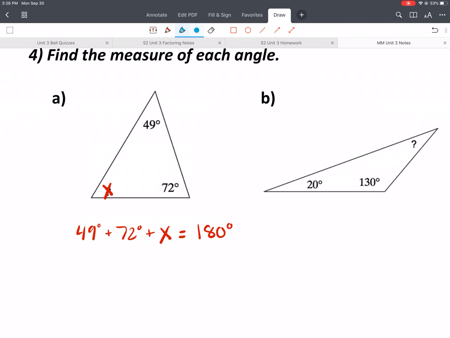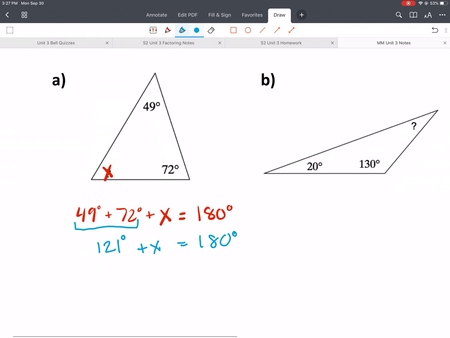One of the things we talked about in Unit 2 is that we would always combine like terms on the left side, and combine like terms on the right side. So if we combine those, 49 plus 72 gives us 121, plus x equals 180.